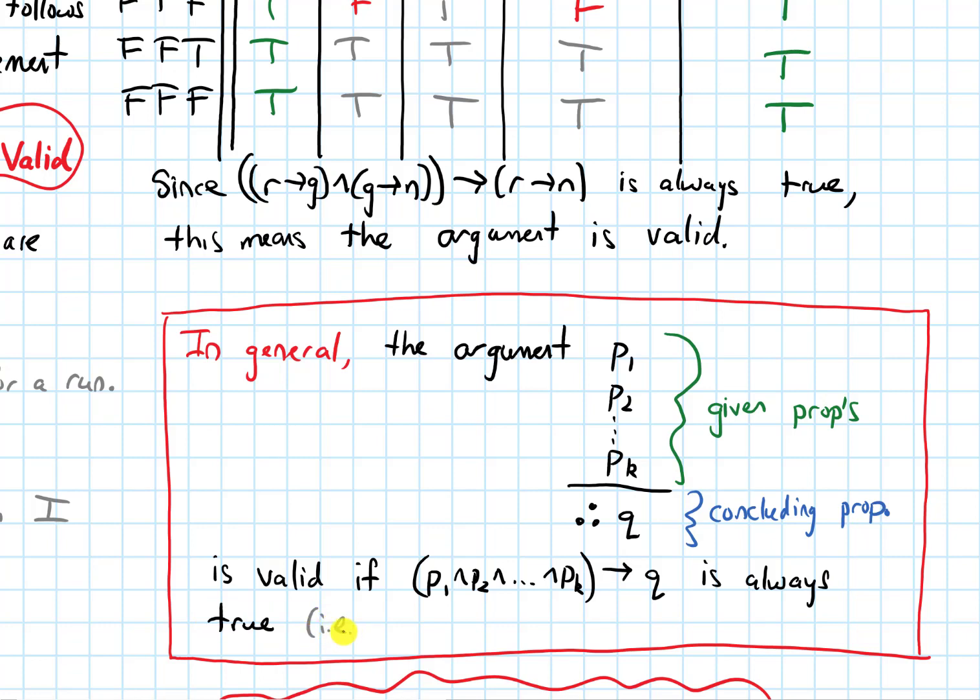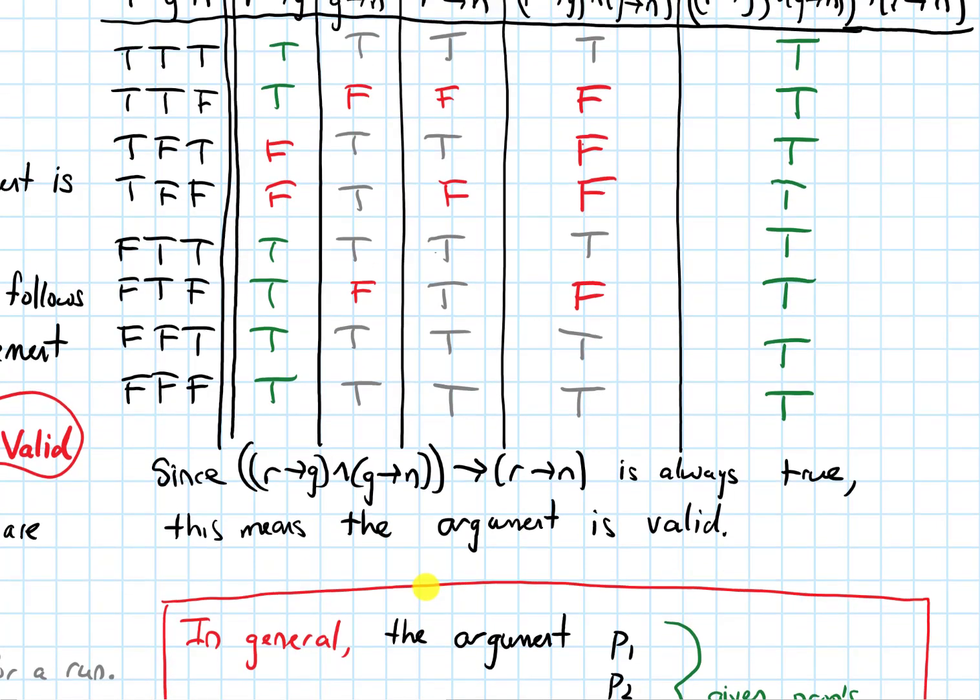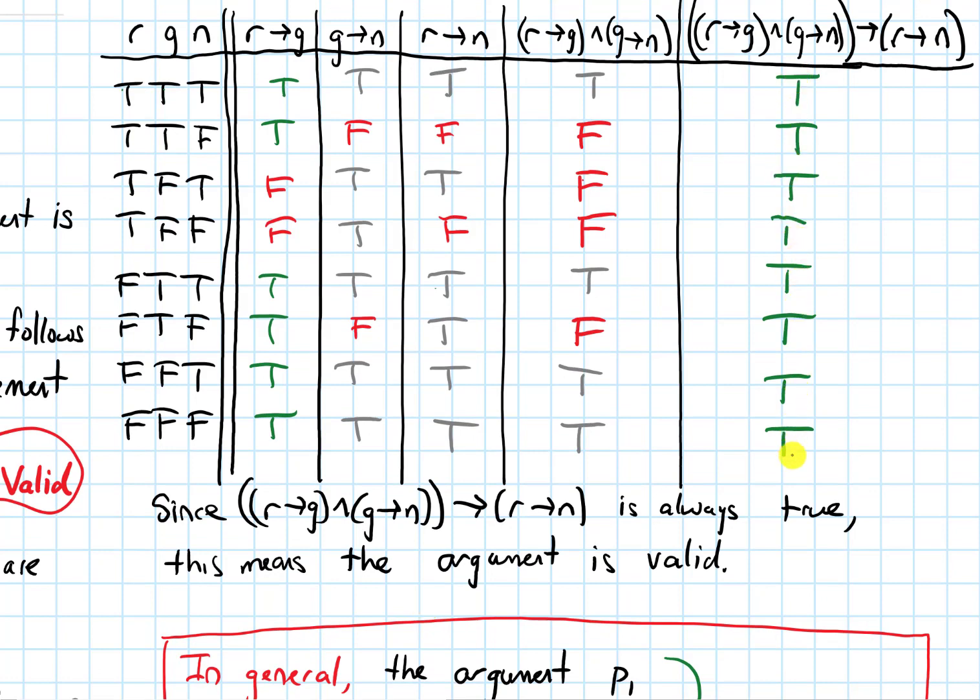Remember, the terminology for something always being true is that it is called a tautology. And that's what happened in the example we just did above. These truth values were always true at the end, which made this proposition a tautology, and that's how we knew the argument was valid.